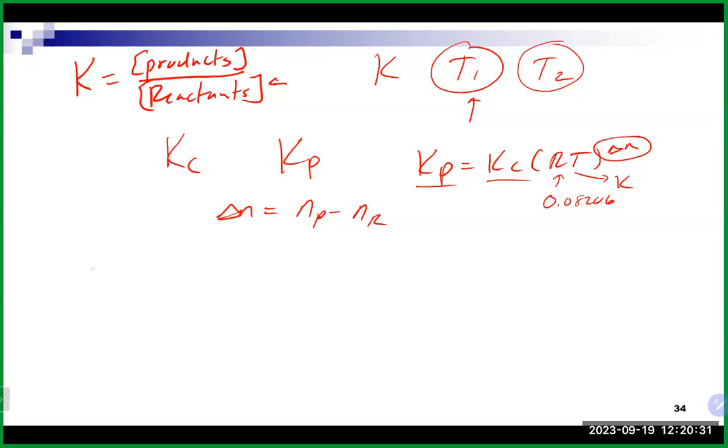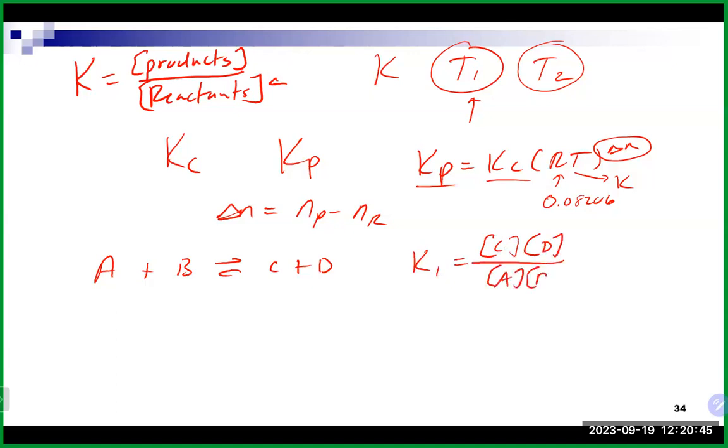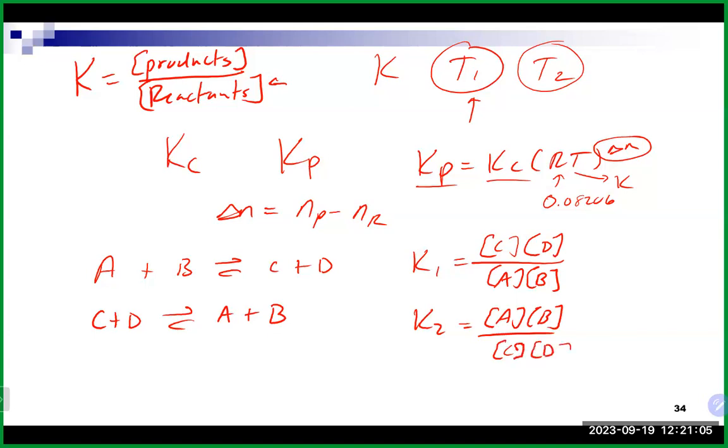We have a reaction such as this, and we have our equilibrium constant, which is C and D divided by A and B. If we were to reverse that reaction, that would give us A and B over C and D. So when we reverse a reaction, we take 1 over the K value.